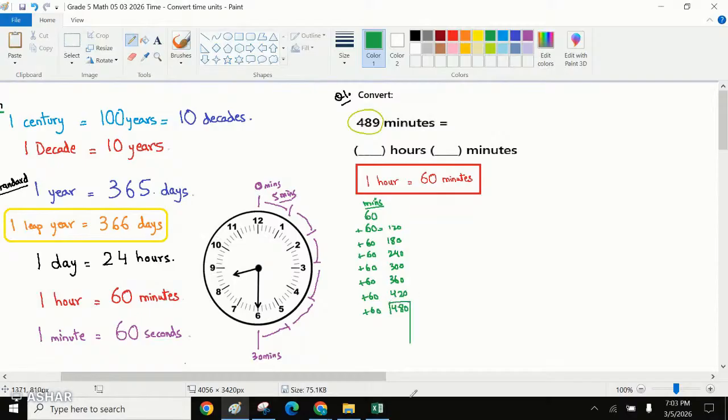We can see 480 is a number that is near to 489, right?